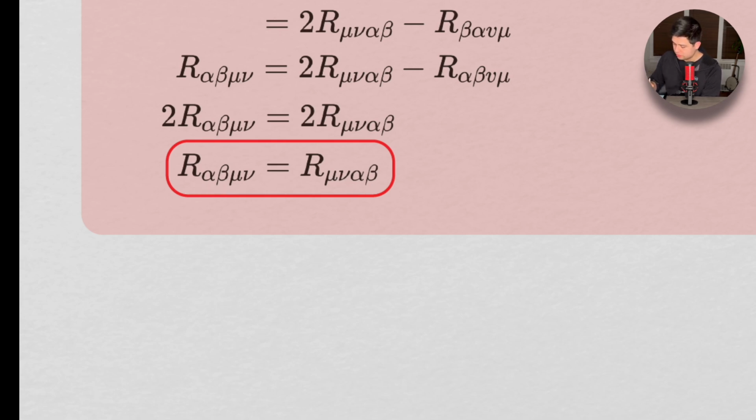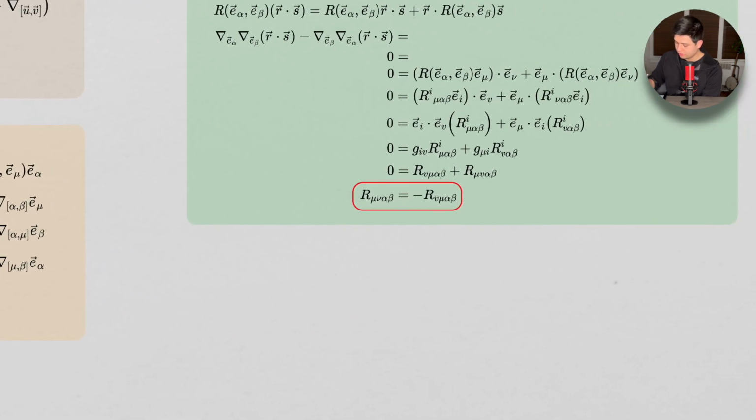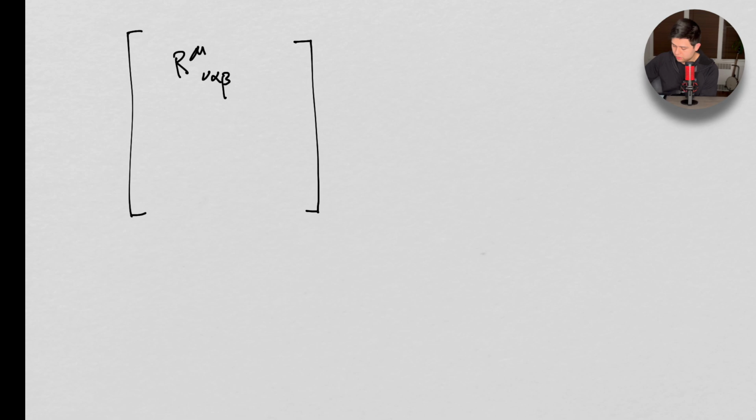One thing to point out here is that when we're doing all of this symmetry, so we have all of these symmetries at our fingertips now with respect to the Riemann Curvature Tensor, one thing to keep in mind is that if you were to picture this as a matrix, say, we can have this as R, mu, nu, alpha, beta. We can sort of picture this as some sort of four-dimensional matrix that has a lot of indices, right? So one way to do this is if we hold mu and nu constant, for example.